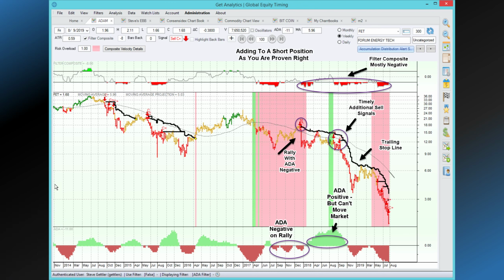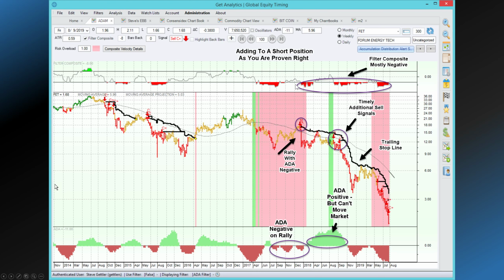What we have here is a weekly chart of Forum Energy Technology, FET. What we're showing across the bottom of the chart is something you've probably seen many a time. It's ADA, which is our accumulation distribution alert, which measures below the surface to look at accumulation or distribution in the marketplace.